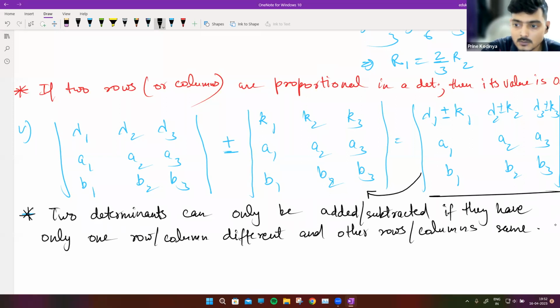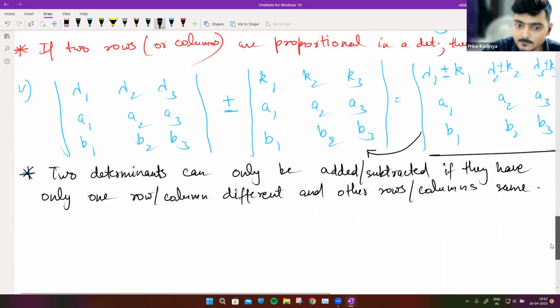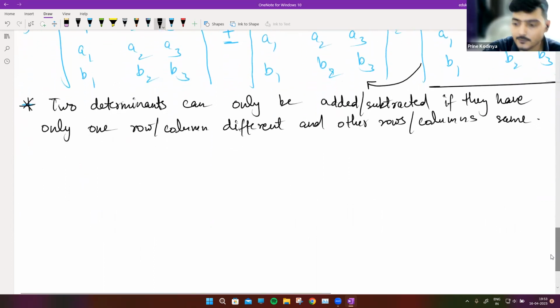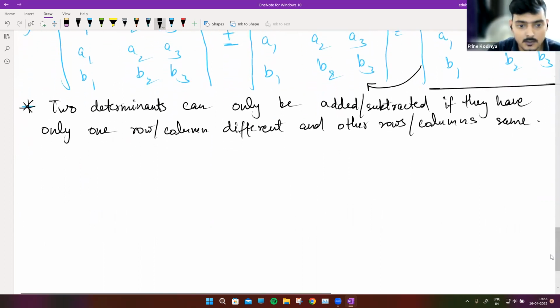And guys, did you understand this? If you did, then please help me out with this property. Let me speak first.